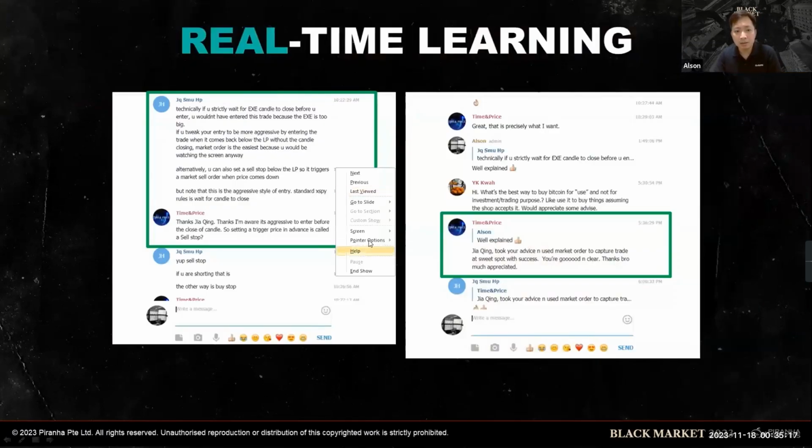In the community chat group, you'll meet many people from all walks of life. I was from SMU, the university in Singapore, and a lot of my friends, boys and girls, joined my community, like JQ, one of my friends from SMU.